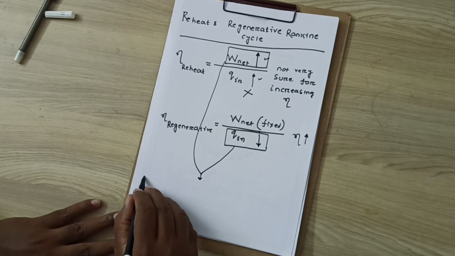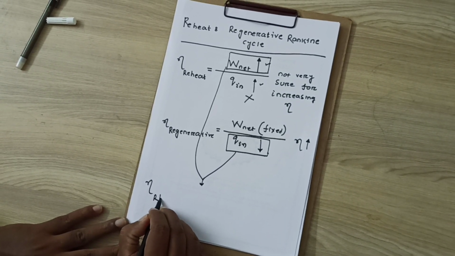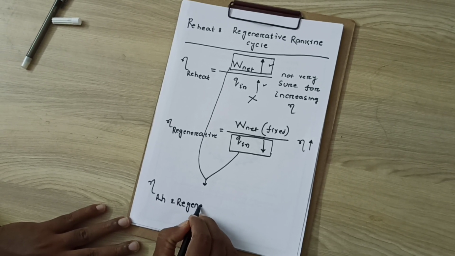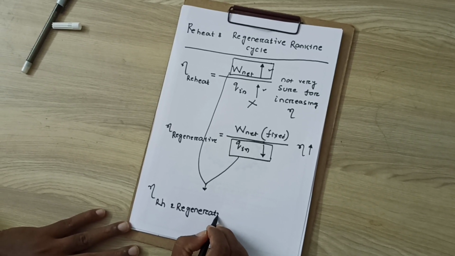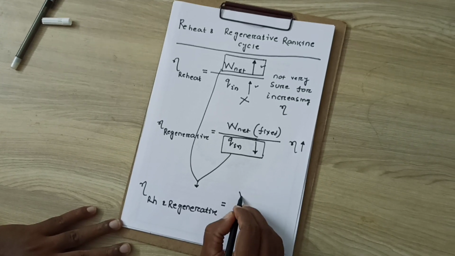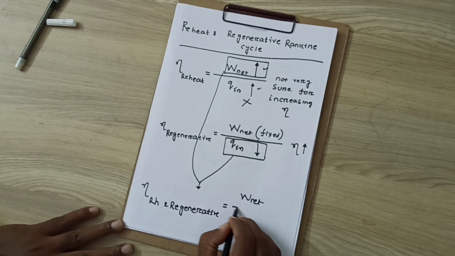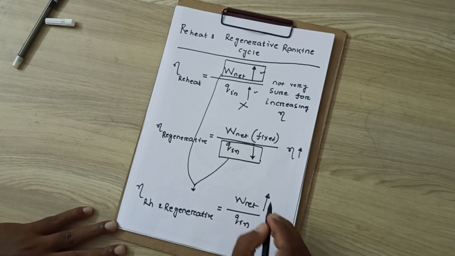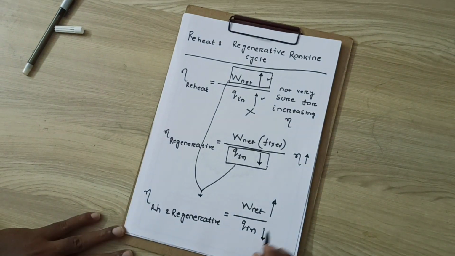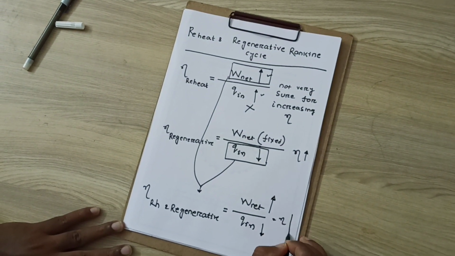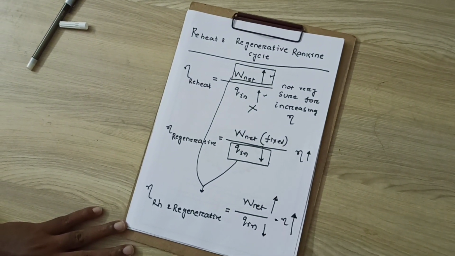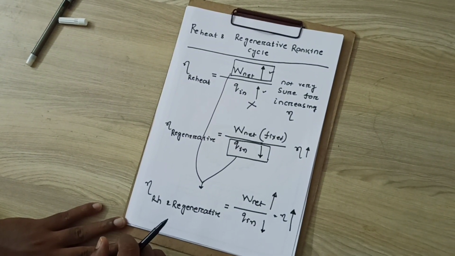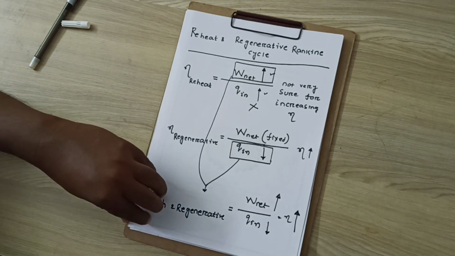Then this will be eta reheat and regenerative. This will be W net by Q in. Here W net will go up, Q in will come down, and efficiency will remarkably go up. Then how to implement these things in practice, these things we are going to study.